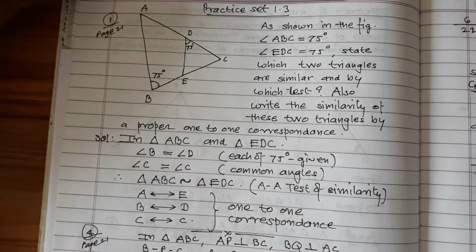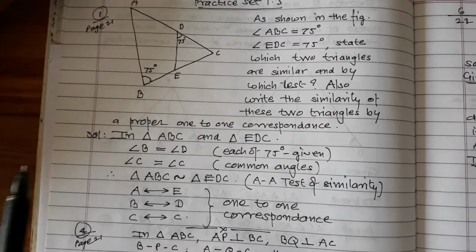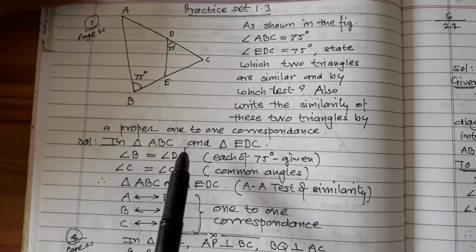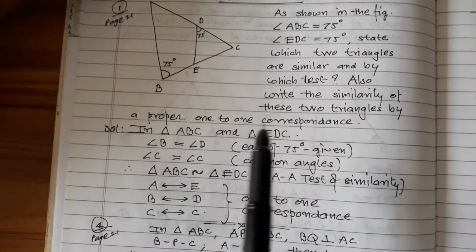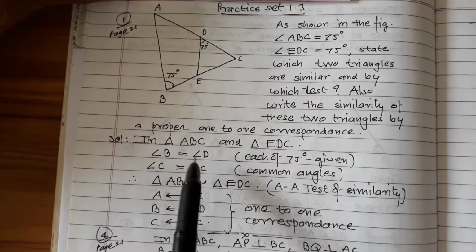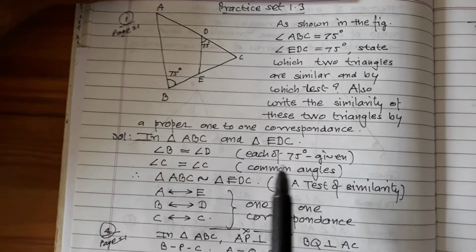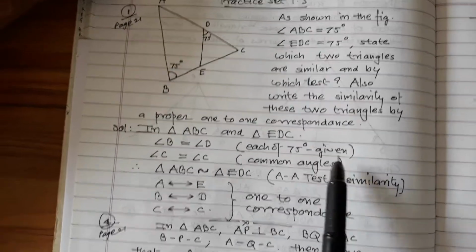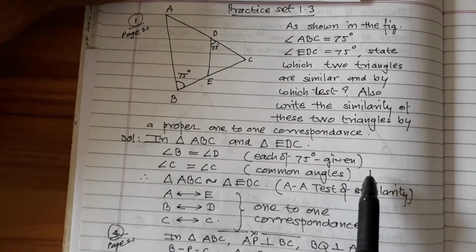Okay, now the solution. In triangle ABC and triangle EDC, angle B is equal to angle D, each of 75 degrees, given.